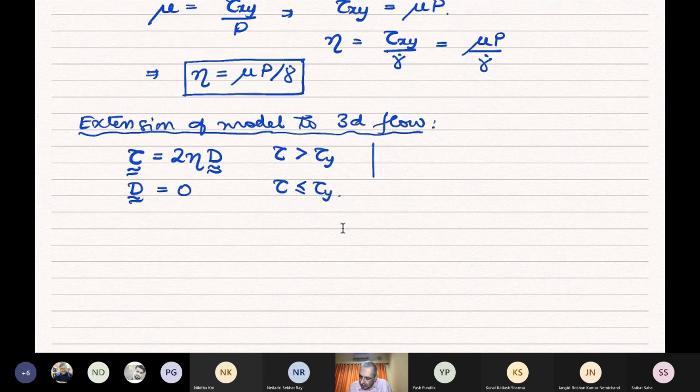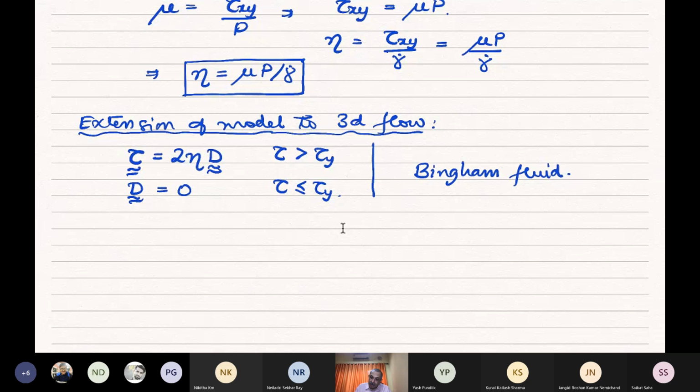So this is what you would write. So this is essentially the equations for a Bingham fluid. I hope. Have you all come across this Bingham fluid? Yes, sir. Yes, no? So this is just a Bingham fluid.